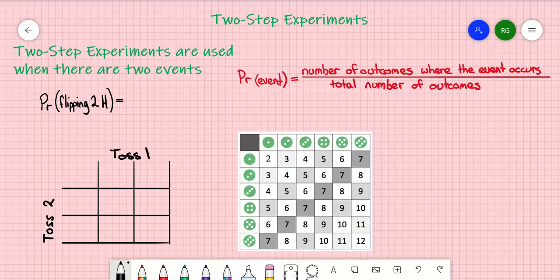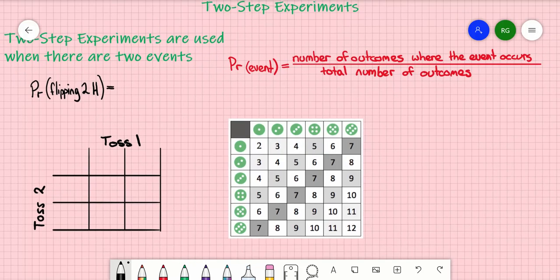So in the bottom left, I have a little two-way table. The top option is we either have a head or we have a tail with the first toss, and with the second toss, the same deal. We can either have a head or a tail. So now we go ahead and fill in the table.